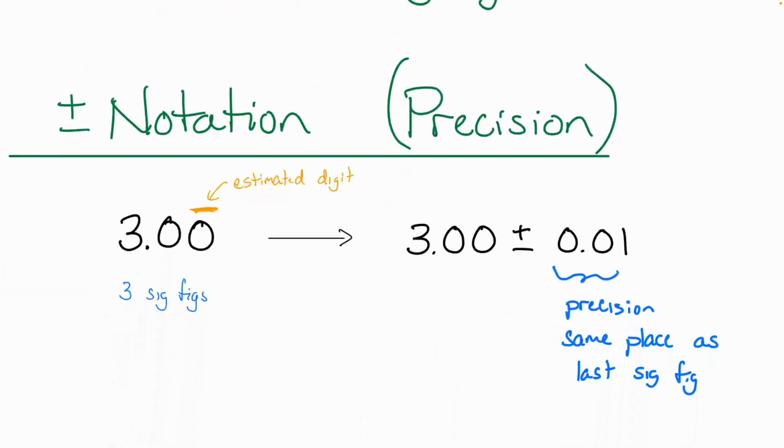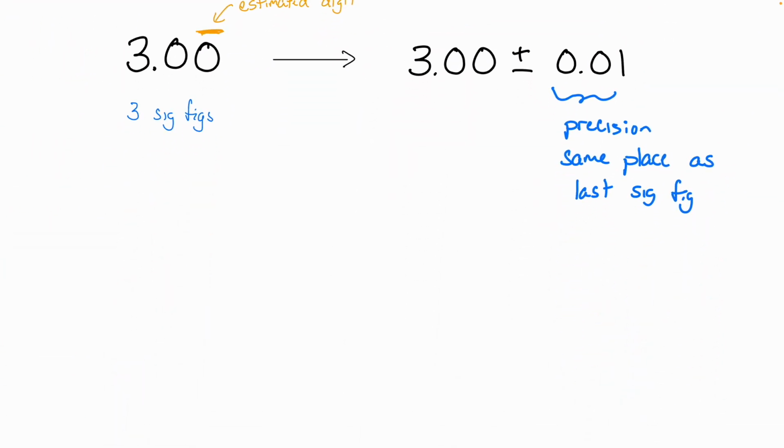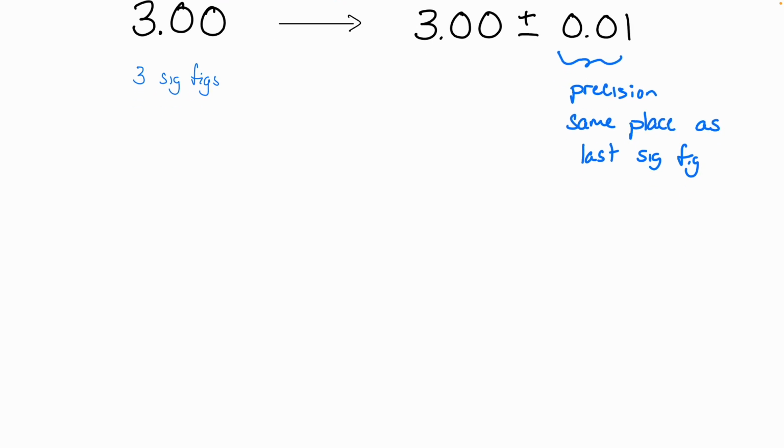All right. So let's say that we're given something like 45.369, but we're told that the precision is only 0.1.